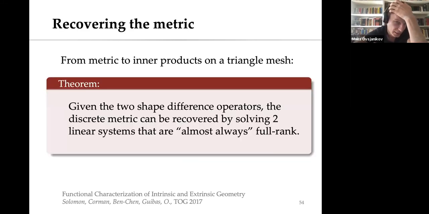This turned out to be not an easy problem, but in this paper in 2017, we showed that the two shape difference operators, the area and the conformal one, fully encode the discrete metric, so the edge lengths of a triangle mesh, and those can be recovered by solving two linear systems that are almost always full rank. So this was a theoretical result, and we tried to implement it in practice. If you have perfect information, you can recover the edge lengths.